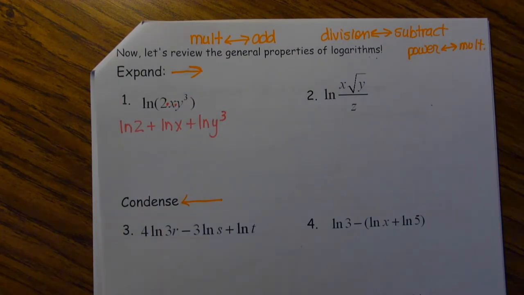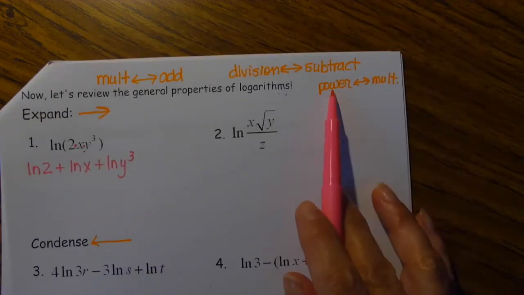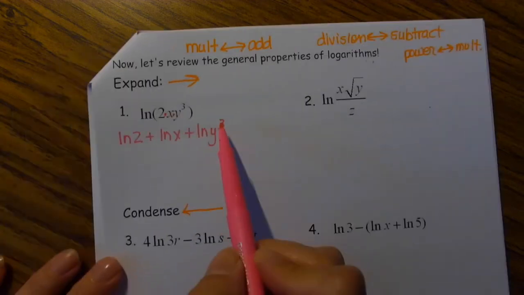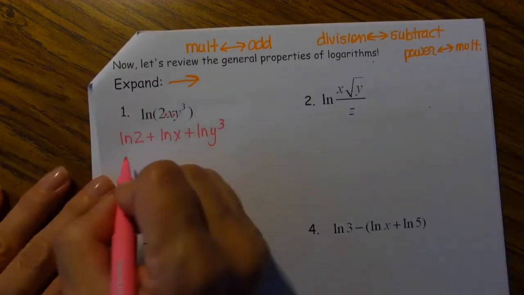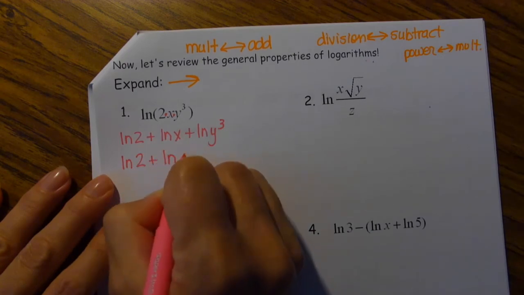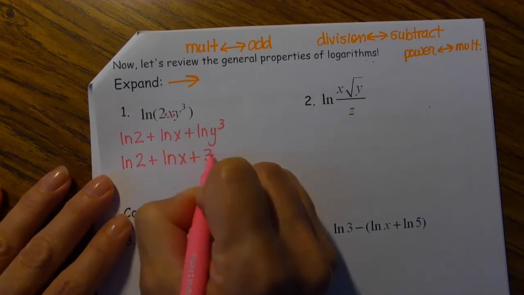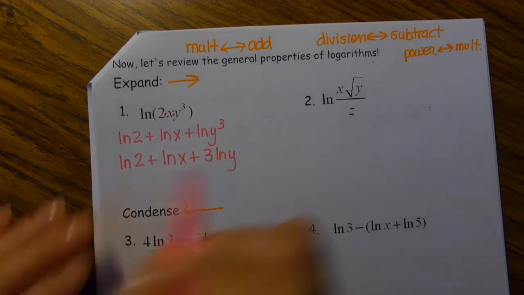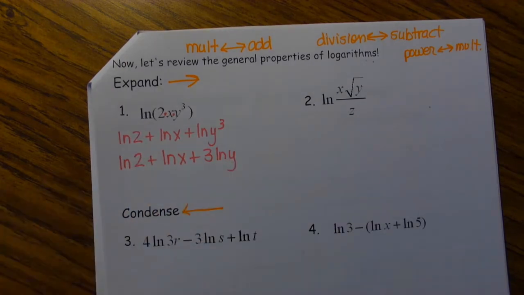We just turn multiplication into addition. Now a 3 is a power and a power means to multiply, so I have to bring the 3 out front. And I'm done. Now that's not too bad, is it?